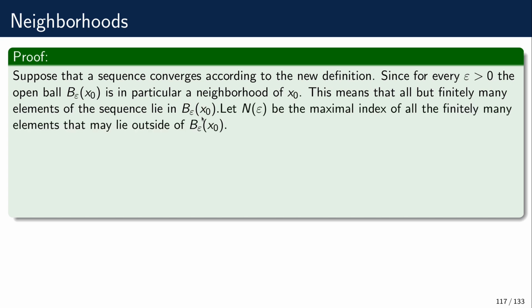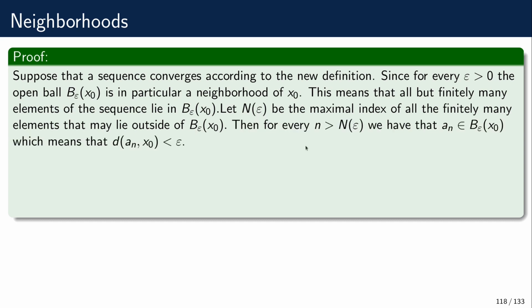Again, as in the proof that we have seen, if n of epsilon is the maximal index of those finitely many elements that lie outside of this ball, then all the elements with index greater than n of epsilon must lie inside this ball. This means that for every n greater than n of epsilon, their distance from x0 is smaller than epsilon.